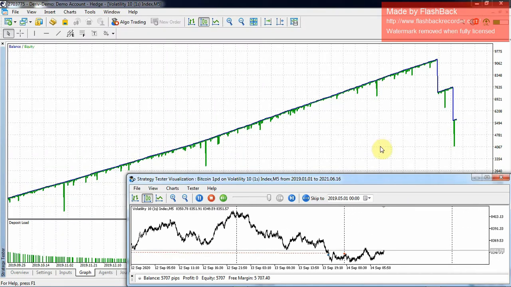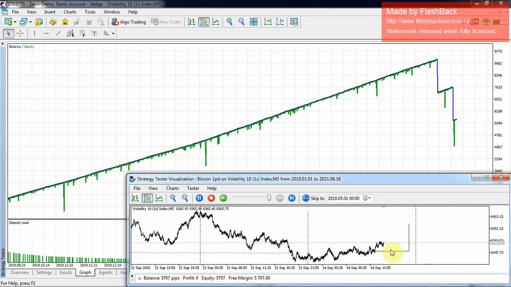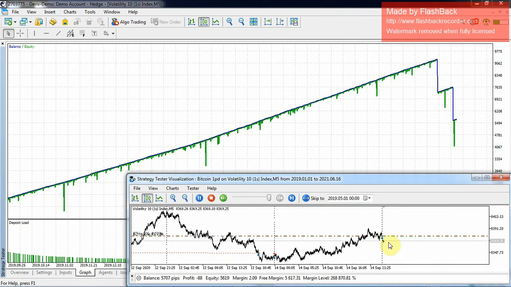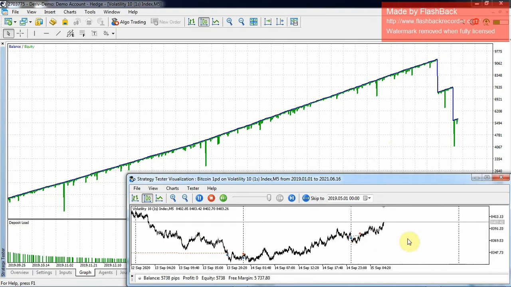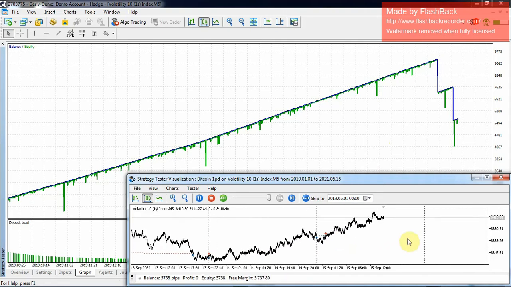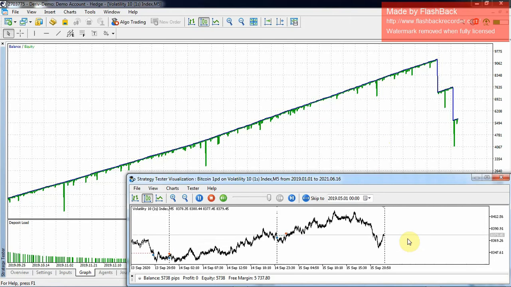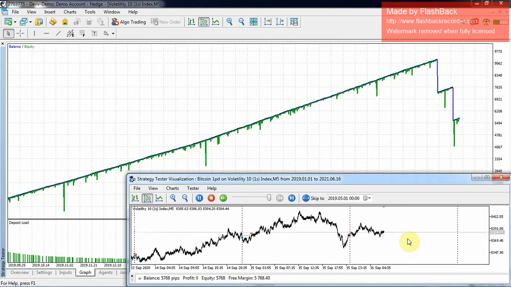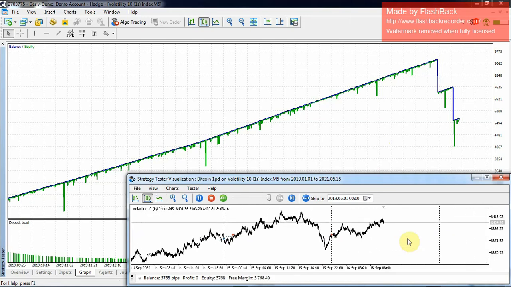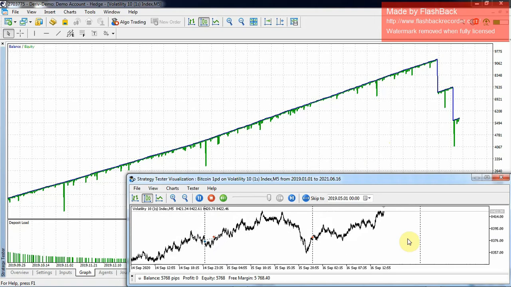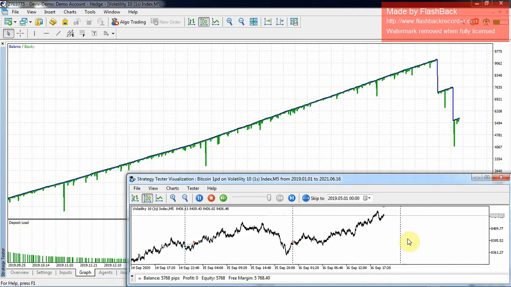What happens from now until the backtest is done is what will matter. So let's see if the system will be able to recover those two losses.